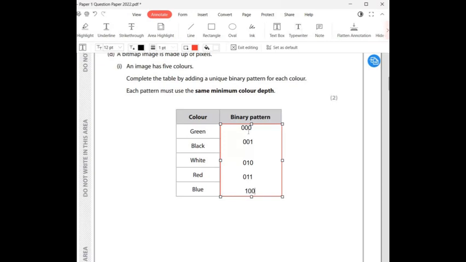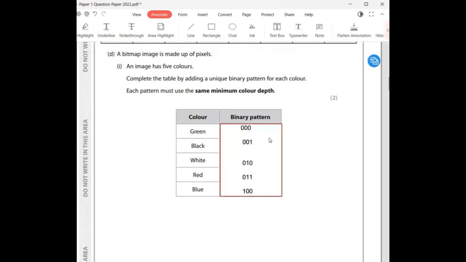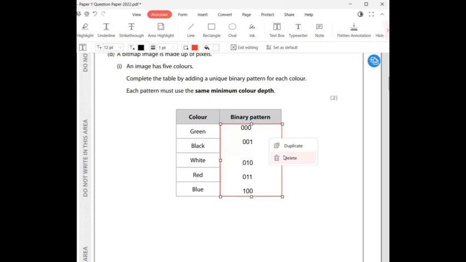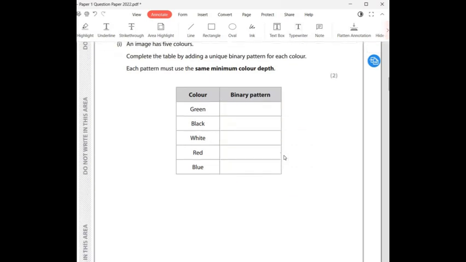So you can see that each pattern is starting to go 1, 2, 3, 4. So we are literally going up each number as we go along in this binary pattern as our minimum colour depths. If you do something like that, that's 2 marks.